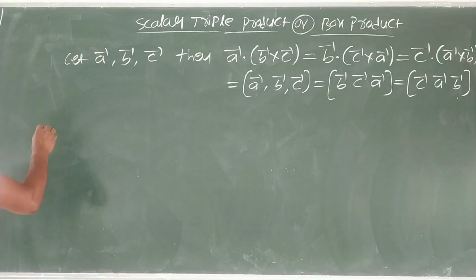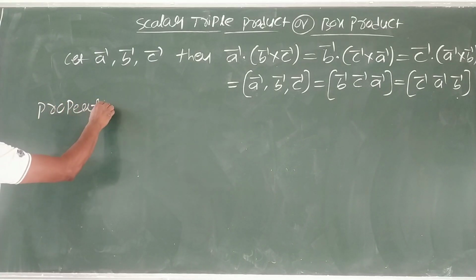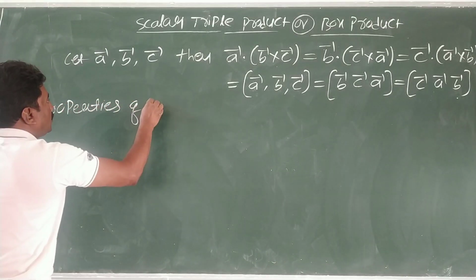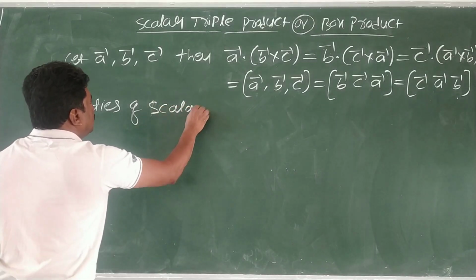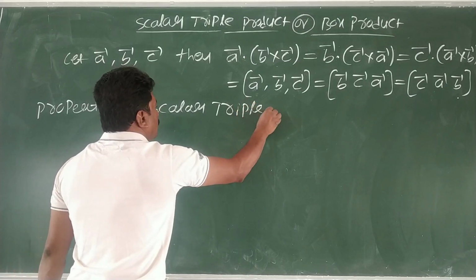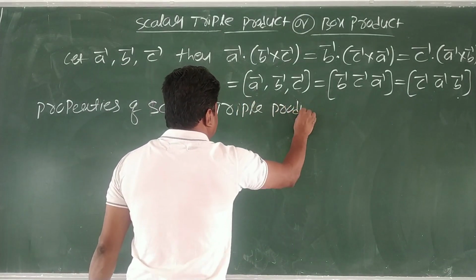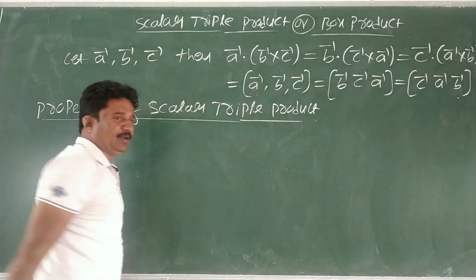Now let's go for properties. Properties of box product, properties of scalar triple product.